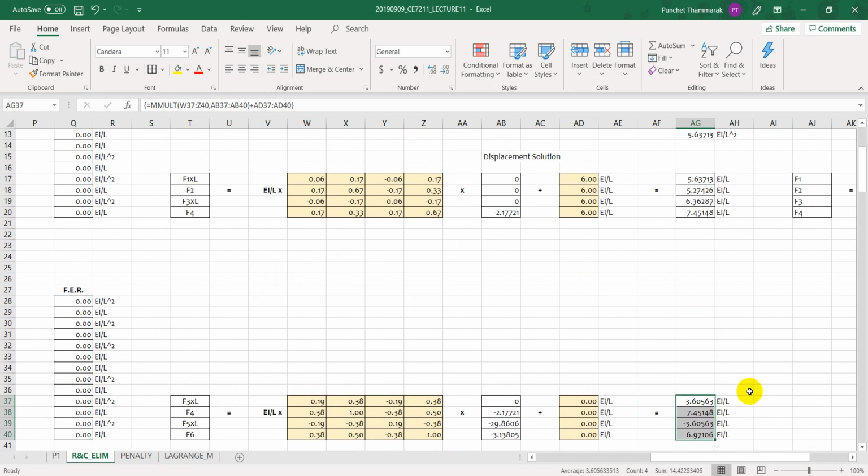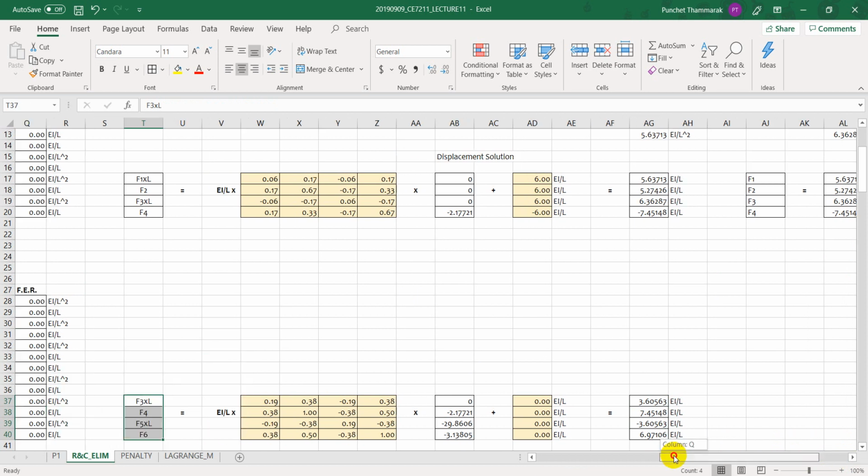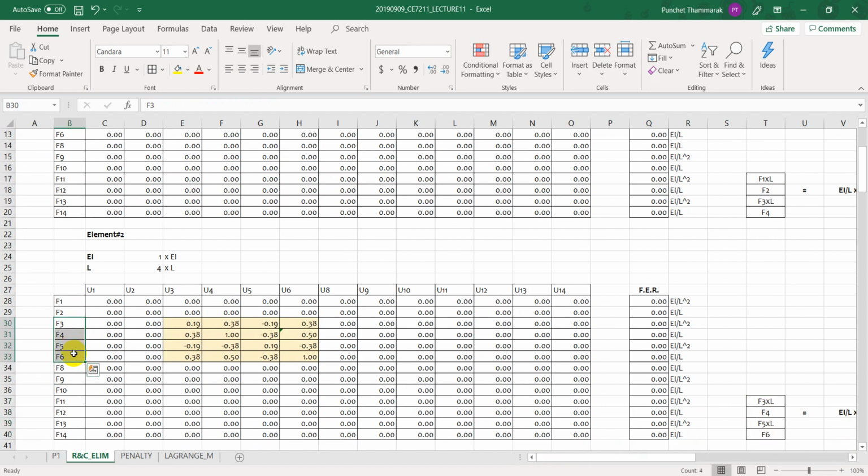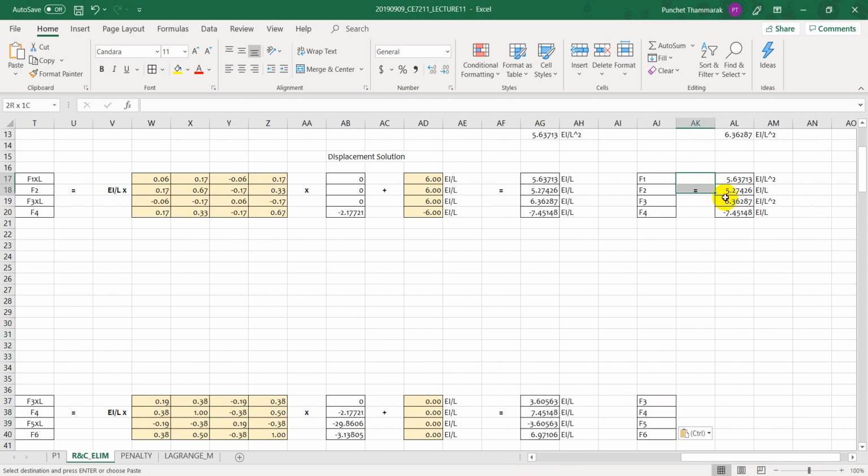So we have these solutions, and here we get, not necessary. And just copy this. Okay, there you go.